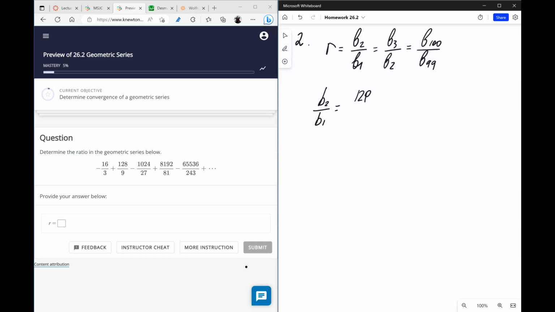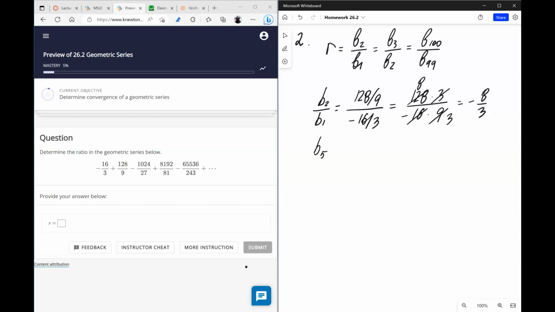We have 128 over 9 divided by negative 16 over 3. So we have 128 times 3 divided by 16 times 9. 16 goes into 128 8 times, 3 goes into 9 3 times, and we also have negative, so the answer is negative 8/3.